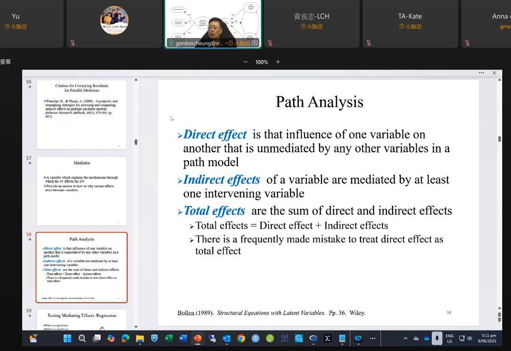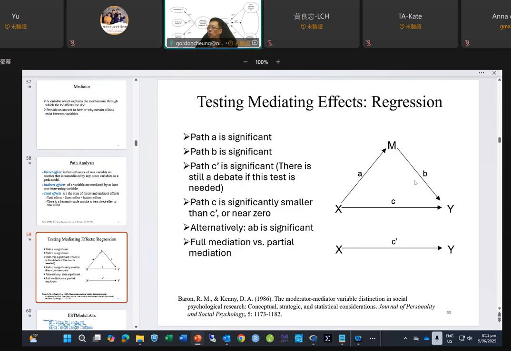For those who have heard my presentation before, I don't like the term direct effect. Let me show you this diagram. We have an X independent variable, a Y dependent variable, and an M, the mediator. An indirect effect refers to X going through M to Y. The direct effect is X to Y. However, this effect doesn't really mean that X affects Y directly.